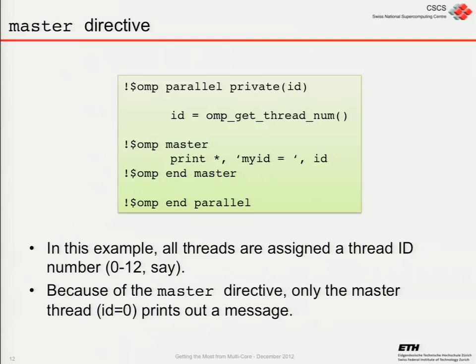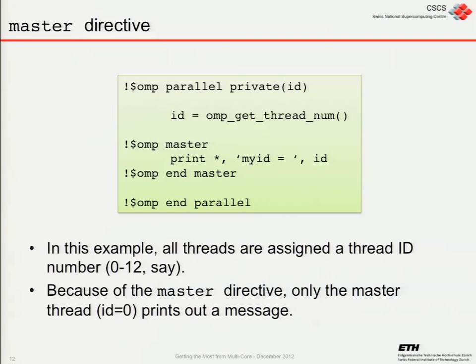Modern OpenMP implementations don't destroy the threads. They effectively put them to sleep, expecting that you're going to want them again. So the thread creation overhead and the destruction overhead is not as bad as it used to be, but we can still see it being very, very bad if we go to pathological cases.